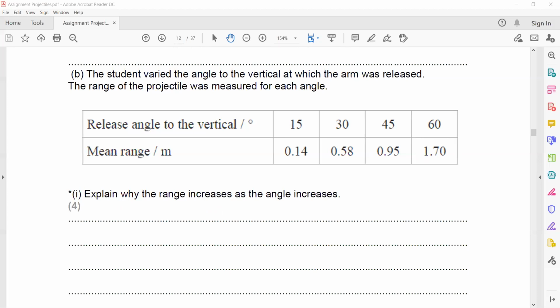That is why it will have a greater range. Is it clear? Is it clear, this part?